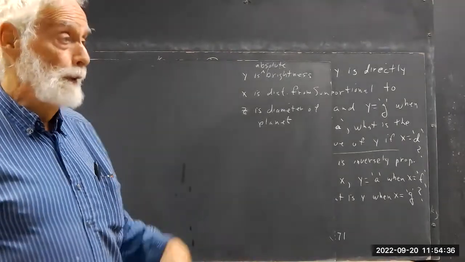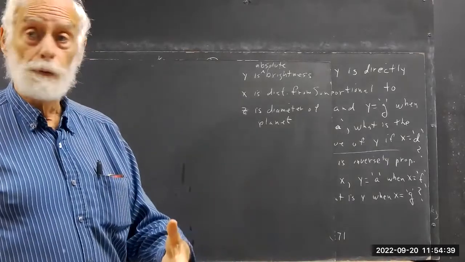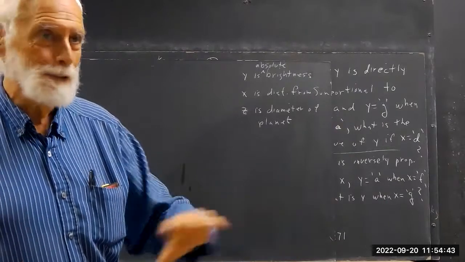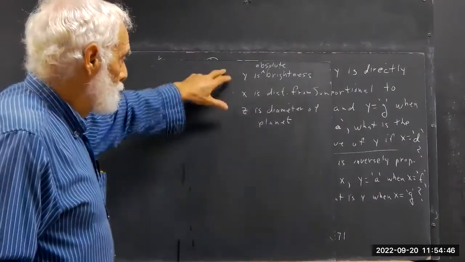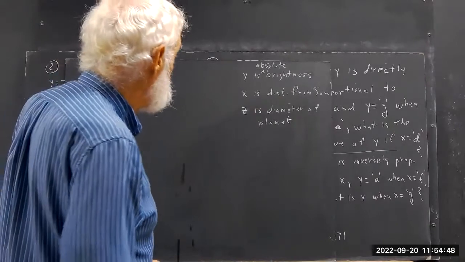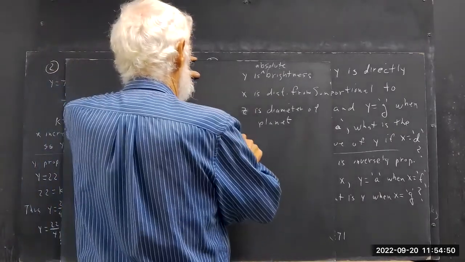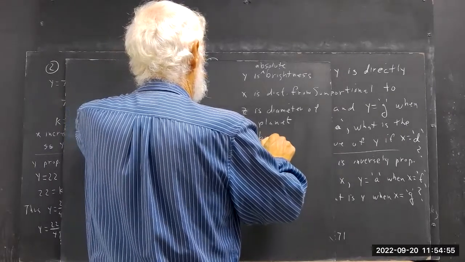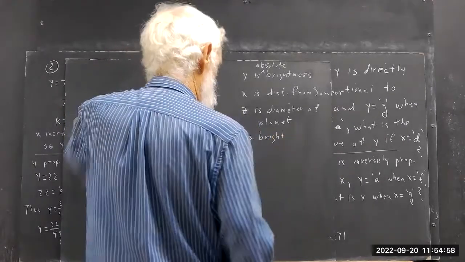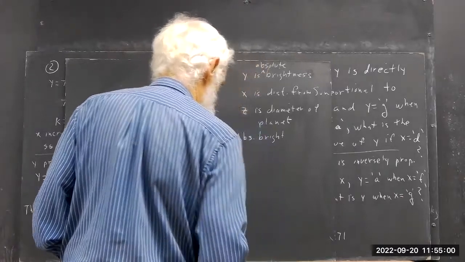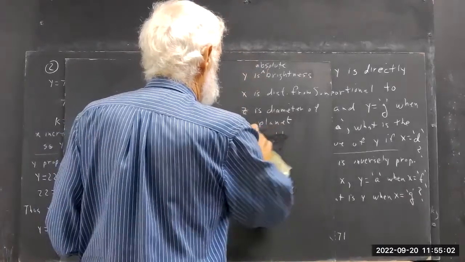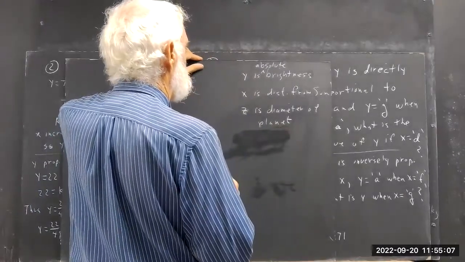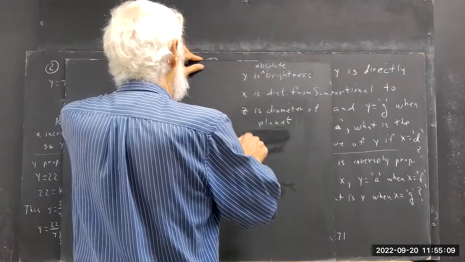Now, there are other factors. Venus is highly reflective. Jupiter is very reflective too, but not as reflective as Venus. I'm going to ignore that. That's too much. Okay, we'll just deal with these three things. Let's start with absolute brightness. We've got the proportionalities here.